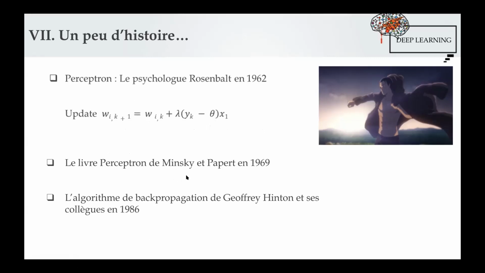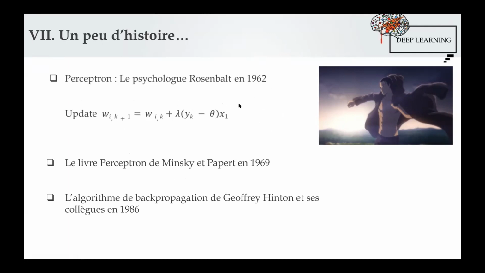En 62, il y a le perceptron avec le psychologue Rosenblatt. Comme c'est un psychologue, il se rapproche plus du fonctionnement du cerveau, de la simulation mathématique des neurones. Il va introduire la fonction d'activation, une fonction à seuil qui donne 0 ou 1, une simulation du potentiel d'action.